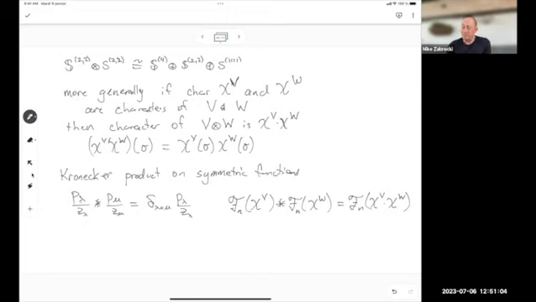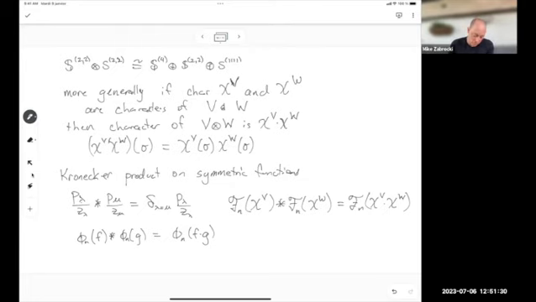The same thing happens with our other Frobenius map, this phi n. Phi n of f, Kronecker product phi n of g, is equal to phi n of f times g.